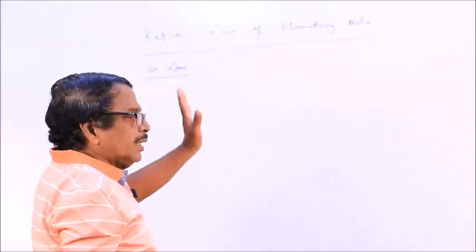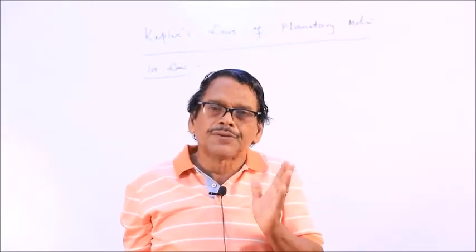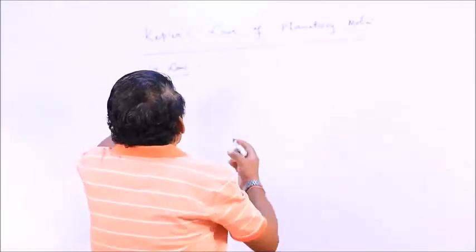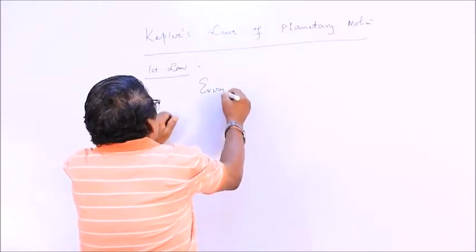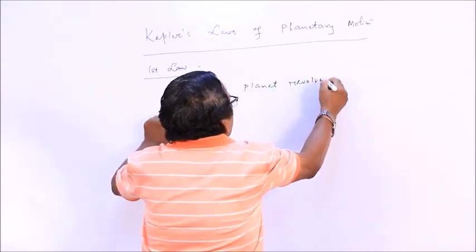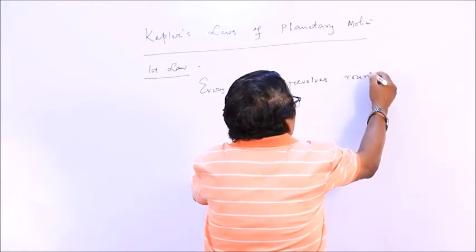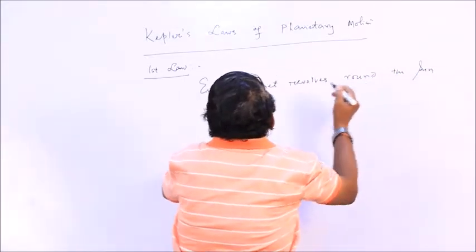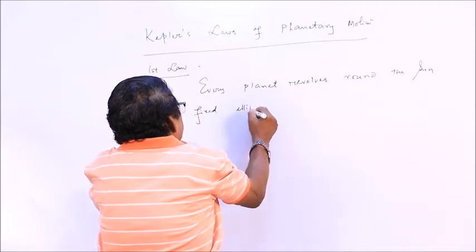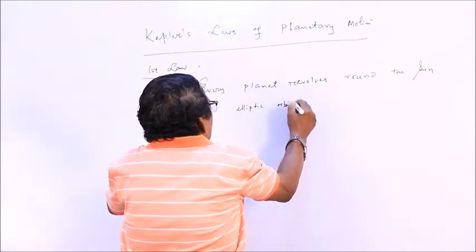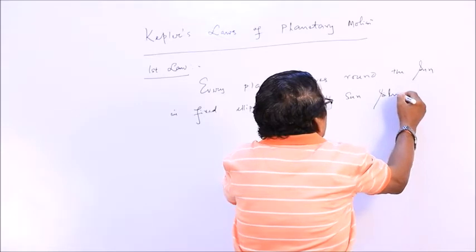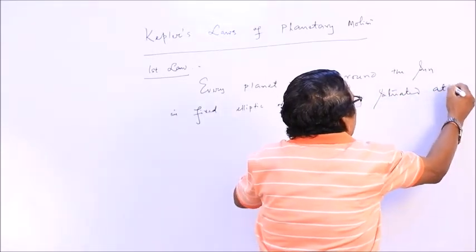The first law statement is: every planet revolves around the sun in a fixed elliptic orbit with the sun situated at one focus.